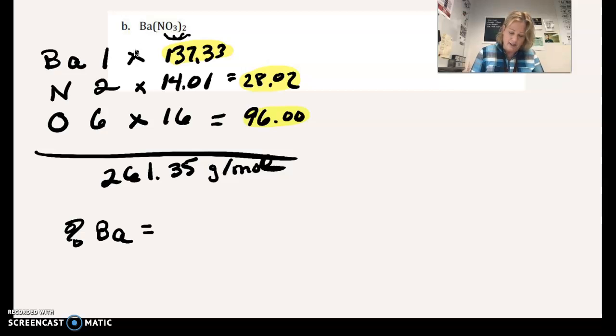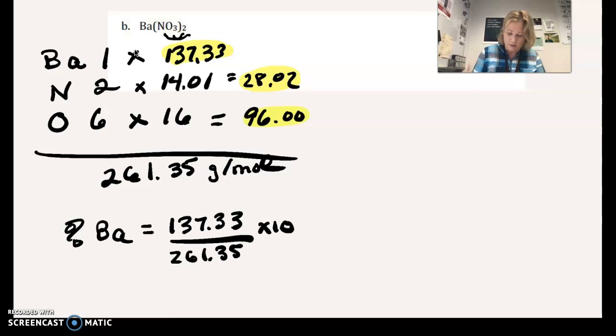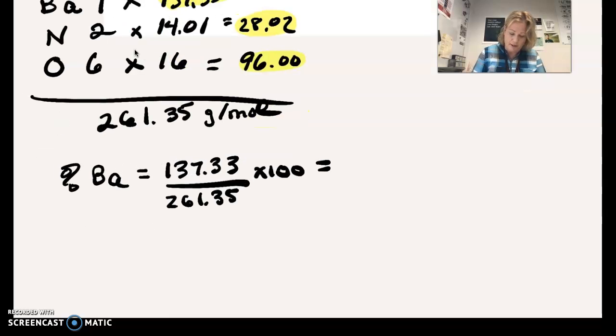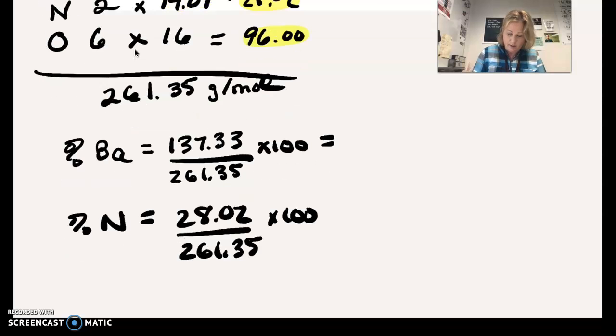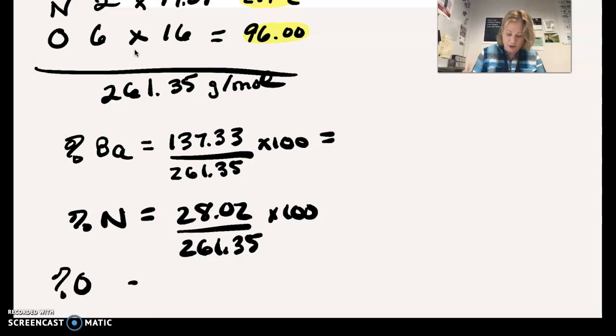The percent of my barium is going to be the mass of the barium in the compound over the total molar mass. I'm going to do my calculations in a second. Nitrogen would equal 28.02 over the total. And then percent oxygen would equal 96 over 261.35.